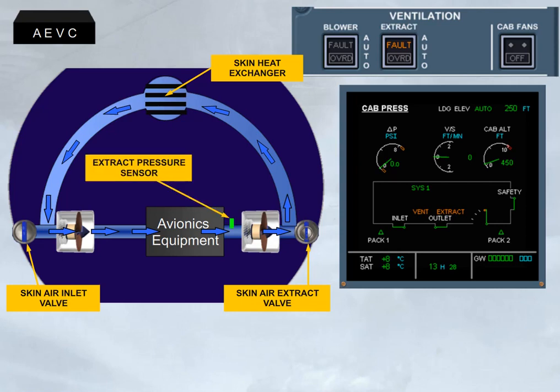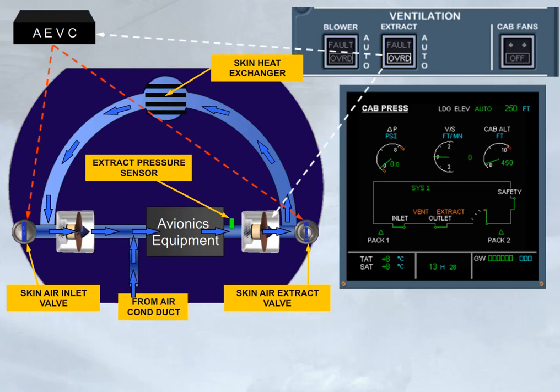Setting that push-button switch to override allows the ventilation system to be reconfigured by activating the closed circuit configuration, by transferring the control of the extract fan to the push-button switch, and by adding air from the air conditioning duct through an air conditioning inlet valve.